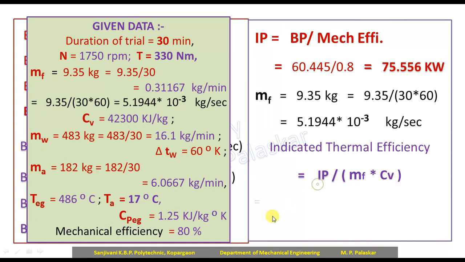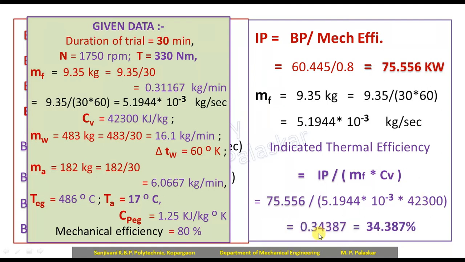Indicated power is 75.556. That value we have taken from here. This value is substituted here, and the mass of fuel, this value is substituted here, right? And then the calorific value is given, that is 42300 kilojoule per kg. So this value is substituted here, okay? And thus we get the indicated thermal efficiency as 0.34387. That means 34.387%.